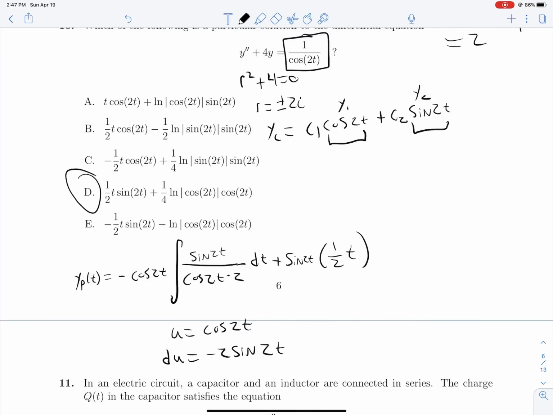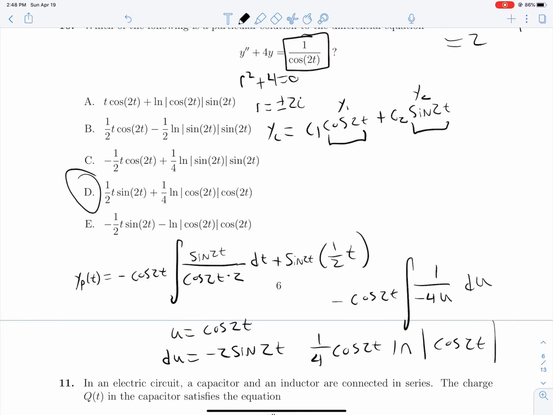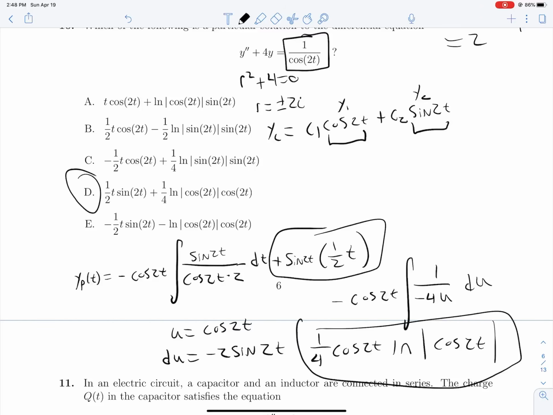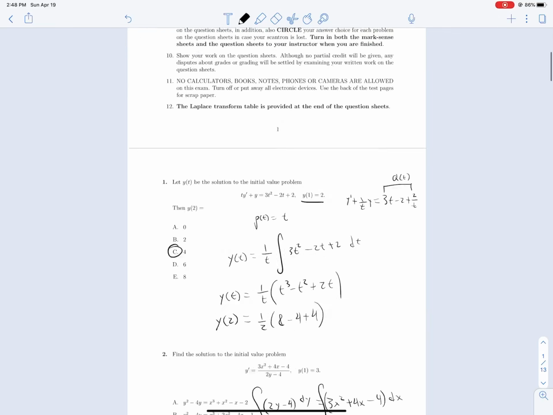That means when we perform our u substitution, this will become negative cosine 2t times the integral of 1 over negative 4 u du. And working through all of this, we will get 1/4 cosine 2t times the natural log of u, which is cosine 2t. So adding this with the bit that we already had, we get exactly answer choice D for number 10.